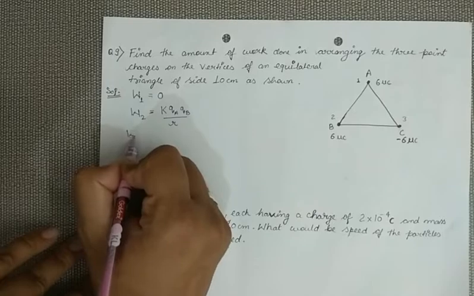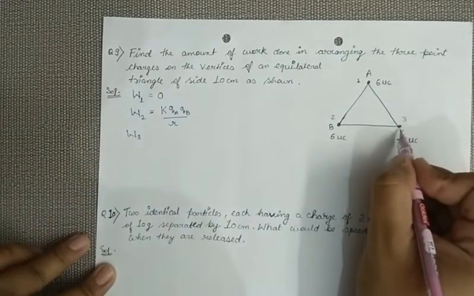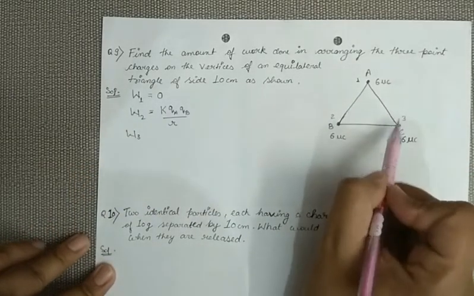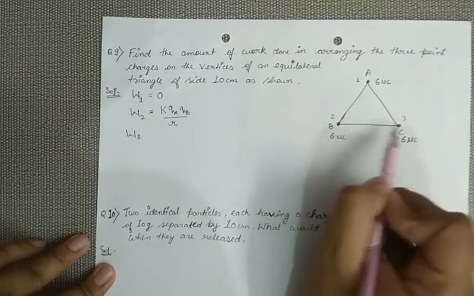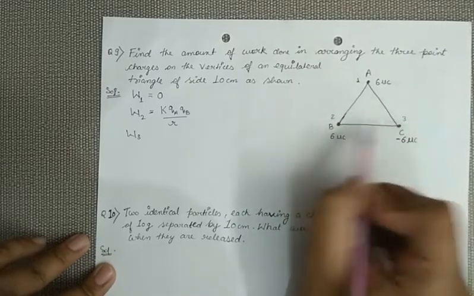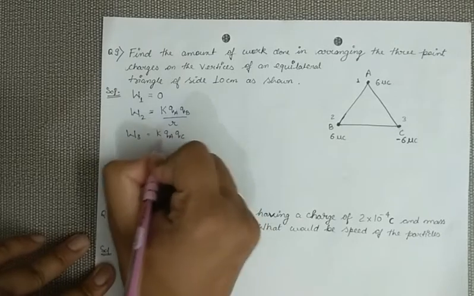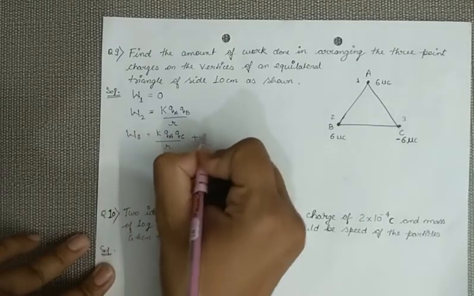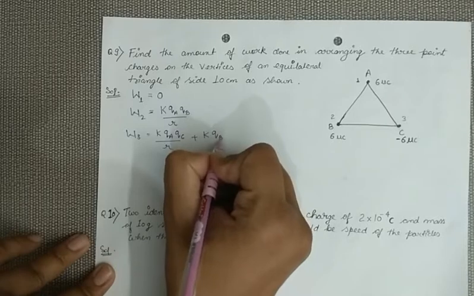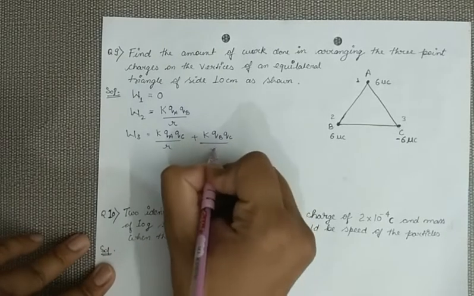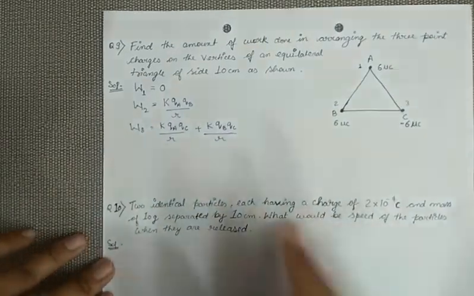Now here comes the third one. It will have to perform the work against the first also and against the second also. So two work done will be there. That is K, QA, QC upon R plus K times QB, QC upon R. So this will be the total work done by the third.